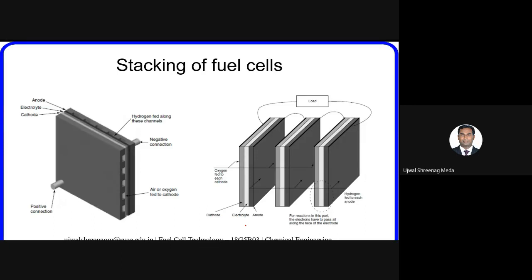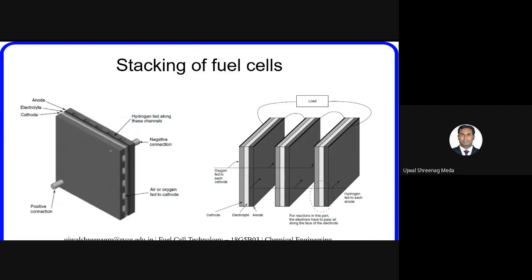So usually, when both fuel and oxidant are gases, fuel is supplied at the anode and oxidant is supplied at the cathode. When a bipolar plate sits between the anode of one fuel cell and the cathode of another, it will be exposed to fuel on one side and oxidant on the other side. So the choice of material plays a role. The design of such a bipolar plate is important.